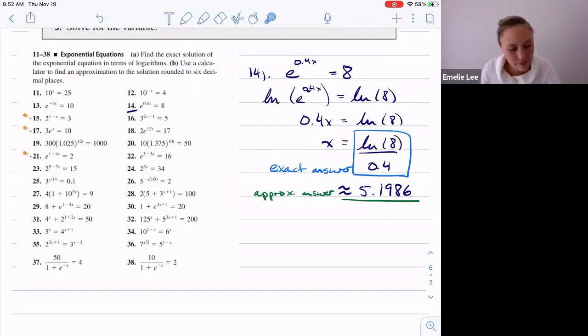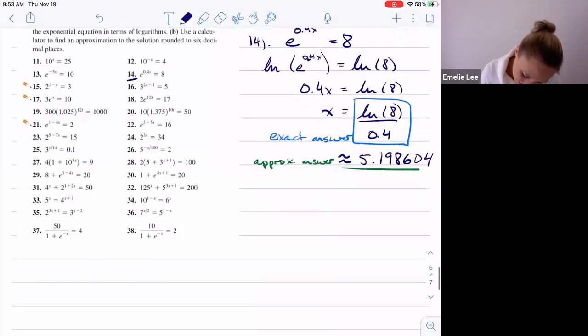I can do that. 1, 2, 3, 4, 5, 6, 104. Okay. So we've solved for x even when it's hidden in this exponential function, using the laws of exponents and logs.